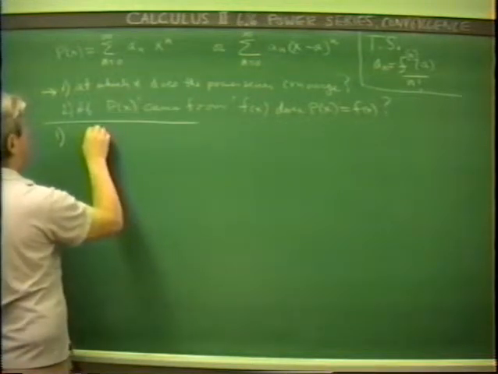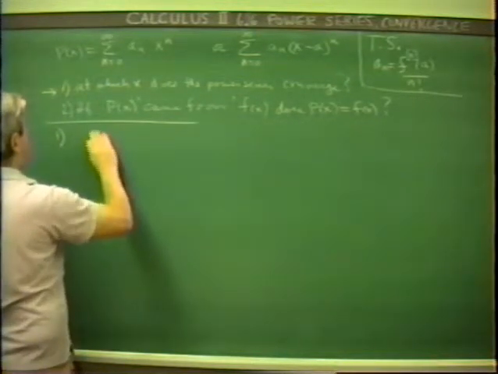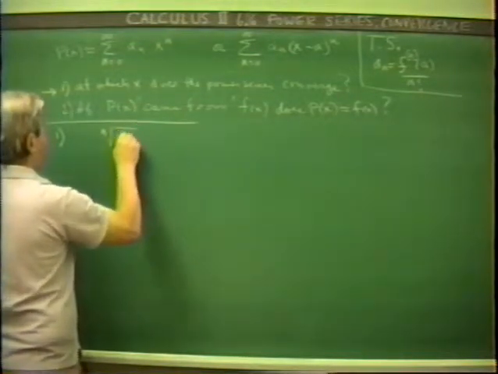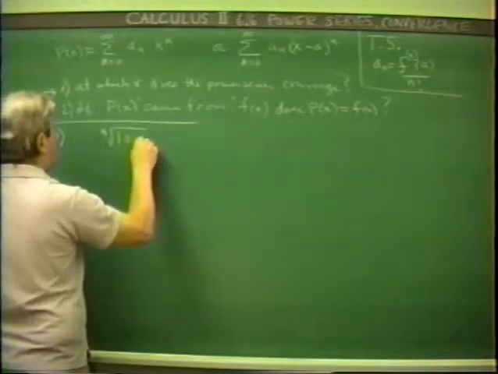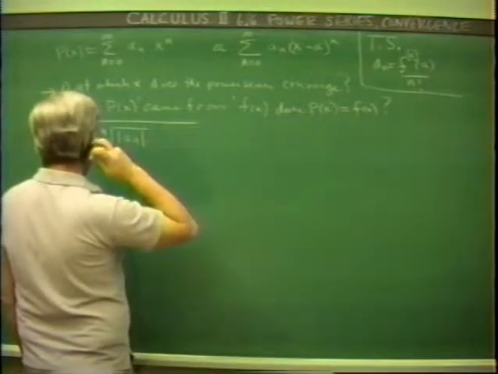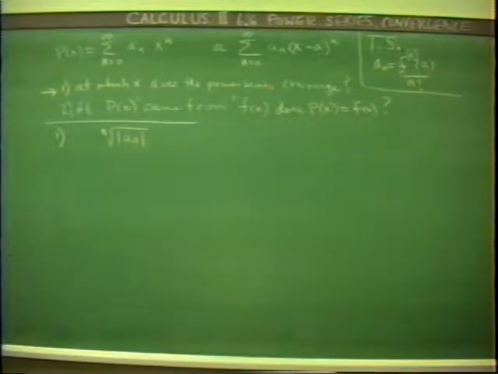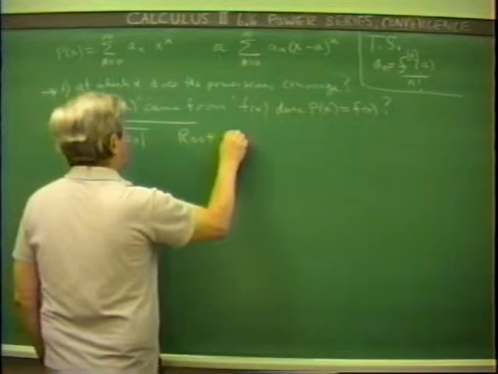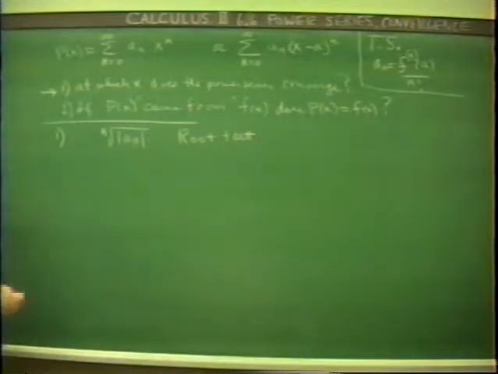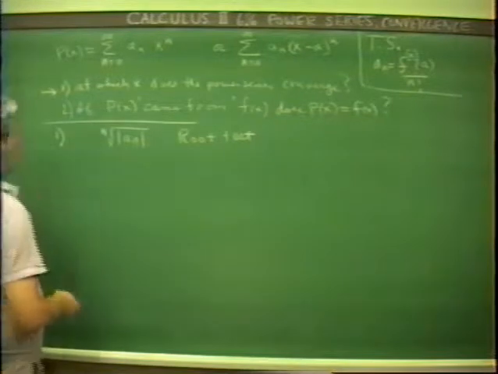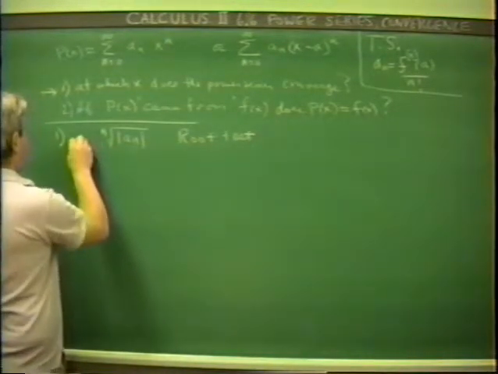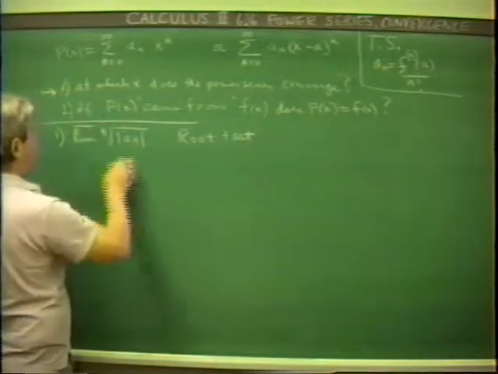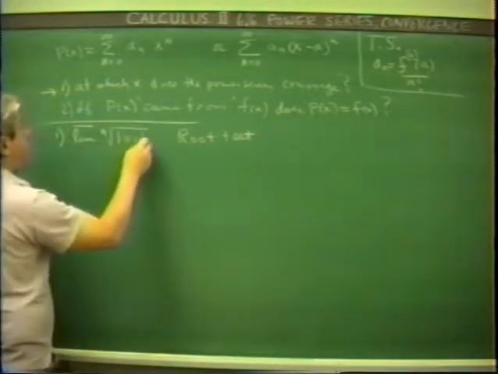If we look at the nth root of the absolute value of a_n and apply the root test here, actually it's the exact root test, it's what's called the lim sup.